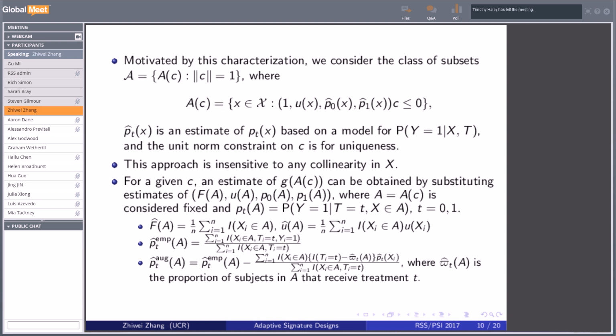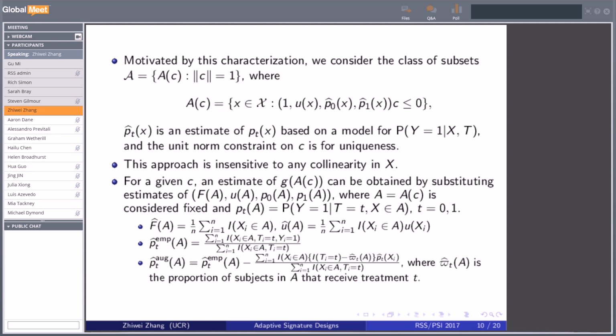For each subset in this class, we estimate the expected gain by substituting estimates of these quantities into the target function G. If you remember, f of A here is the probability of the subset A under the distribution of X, and U of A is the integral of U over A with respect to the distribution of X. These quantities can be estimated by substituting the empirical distribution of X for the true distribution.